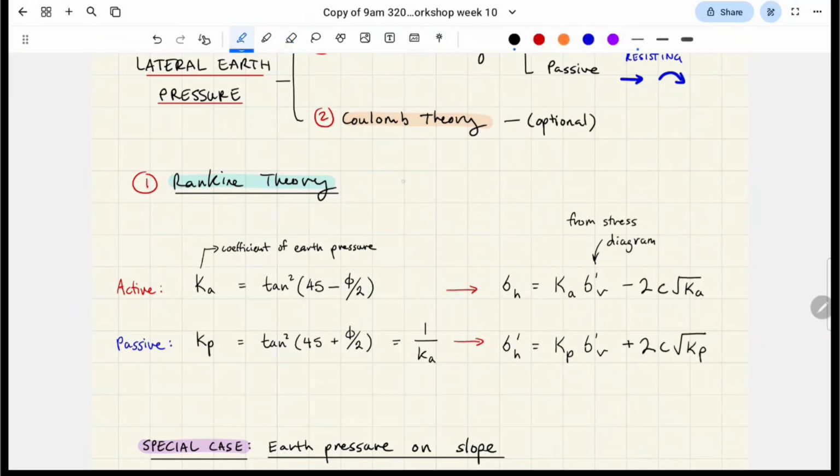So let's go back to last week's content. This was pile design. Remember, for the case of sand, we had to calculate the vertical effective stress, and we could graph it against the depth.